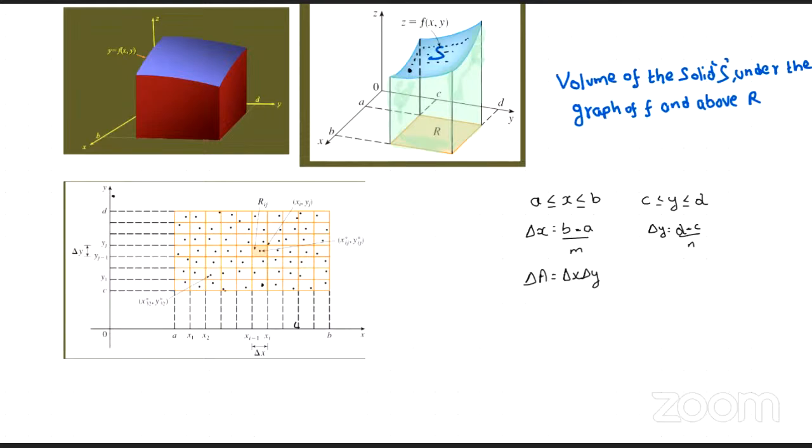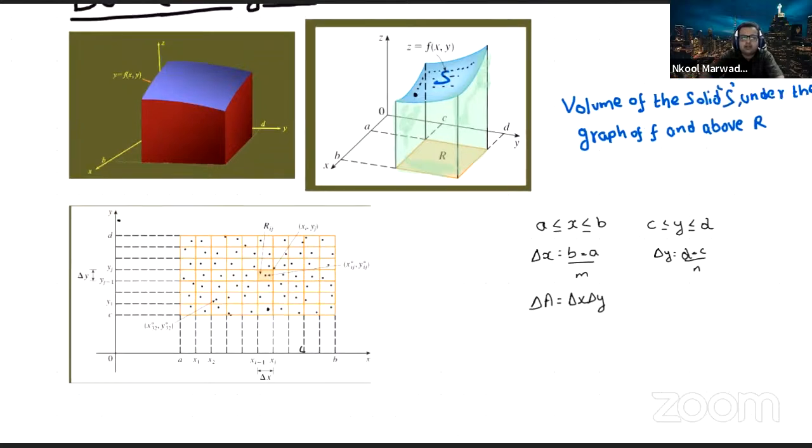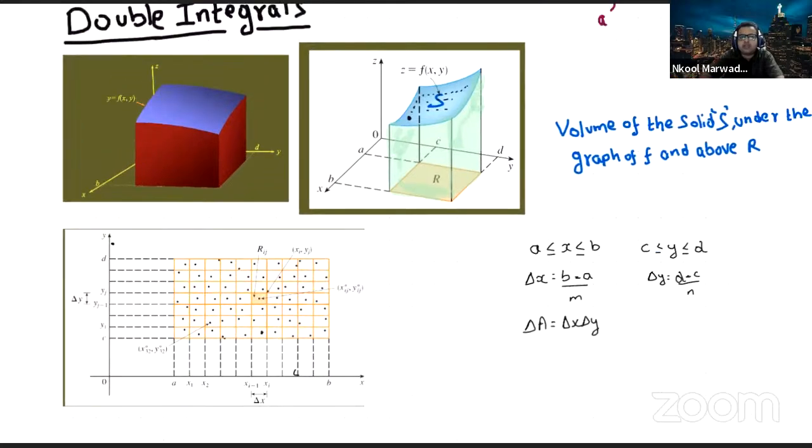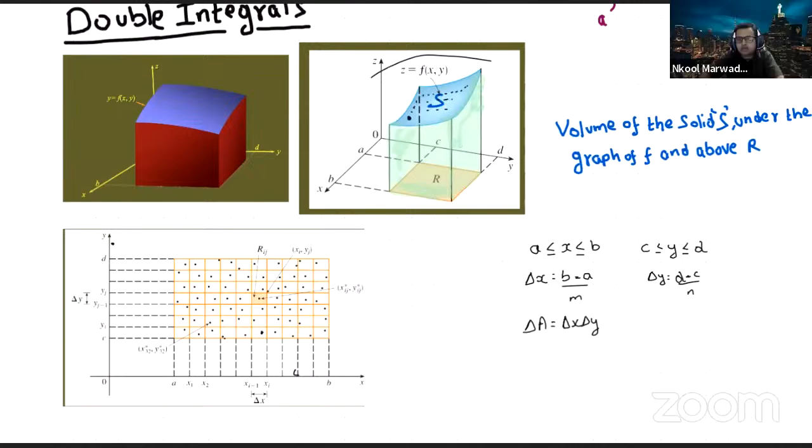In this diagram, from symmetry, what we can say is that this is a uniform region, with equally sized rectangles.